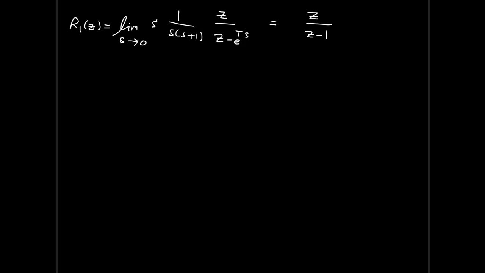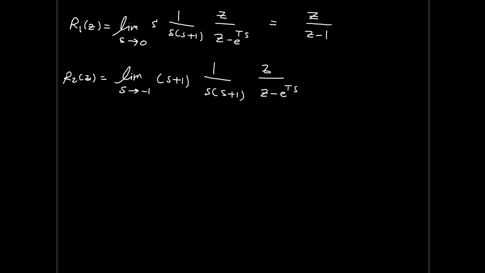So the second residue R2 of Z evaluated at the root S equal minus 1 will equal the limit when S goes to minus 1 of (S plus 1) multiplied by the function 1 over S(S plus 1), times Z over Z minus exponential of TS. And if we evaluate, this will equal minus Z over Z minus exponential of minus T.